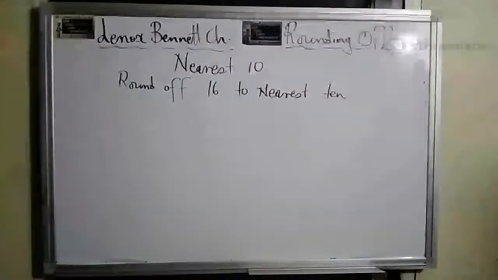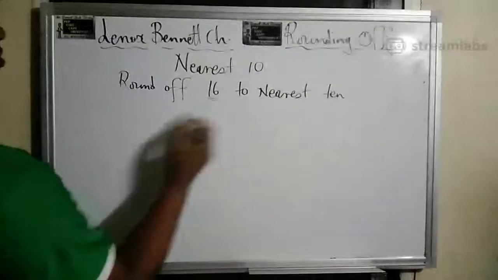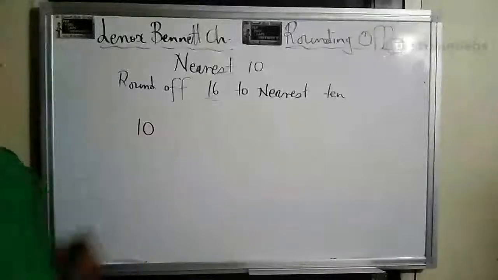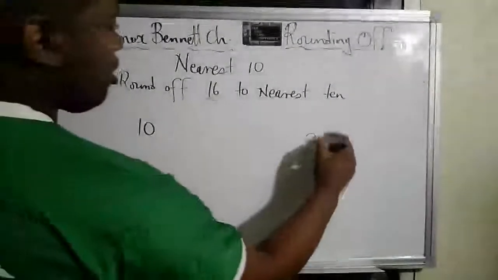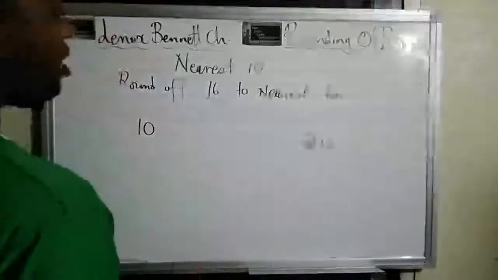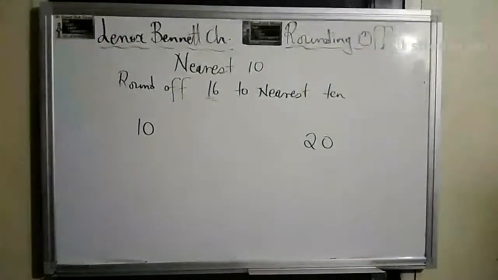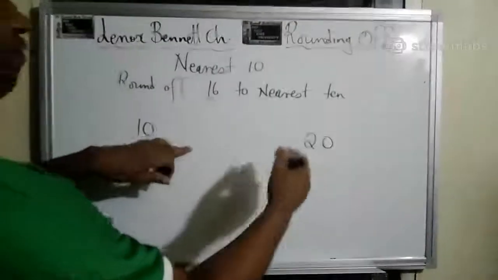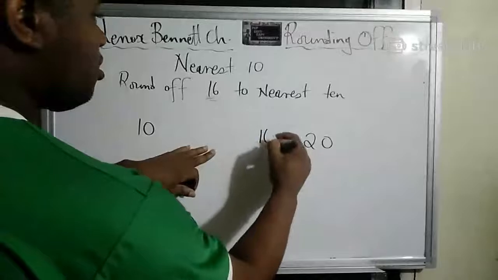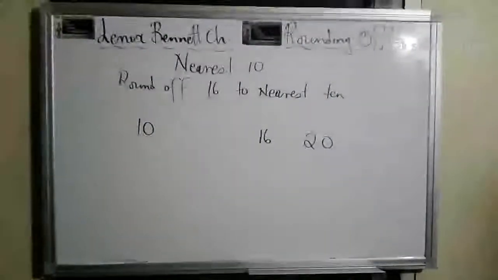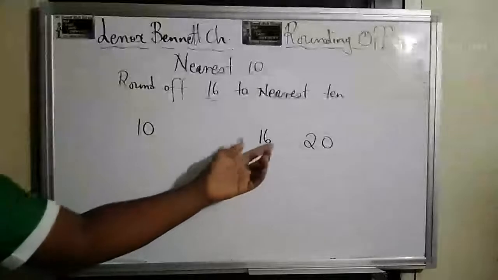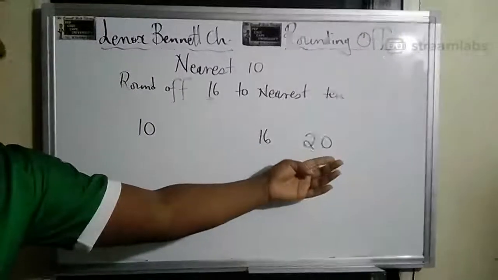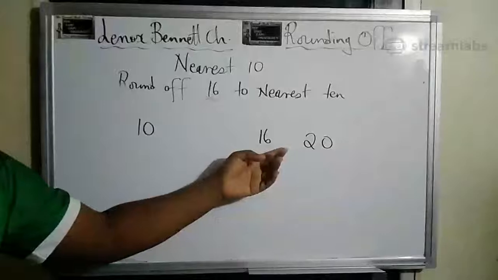Let us examine what it is really asking us to do. 16 is either closer to 10 or closer to 20. If we were saying 10, 11, 12, 13, 14, 15, 16, what the question is really asking is: is 16 closer to 20 physically, or is it closer to 10?